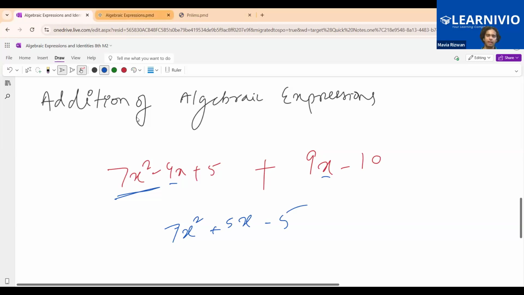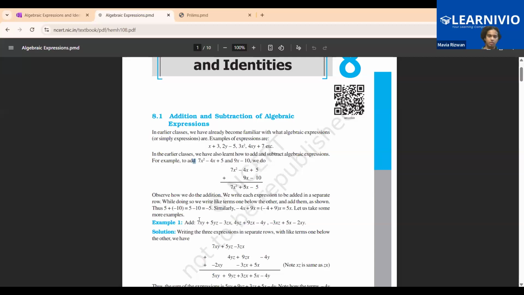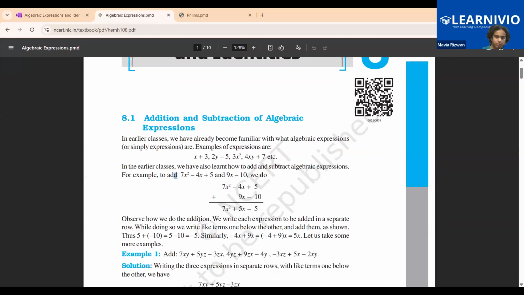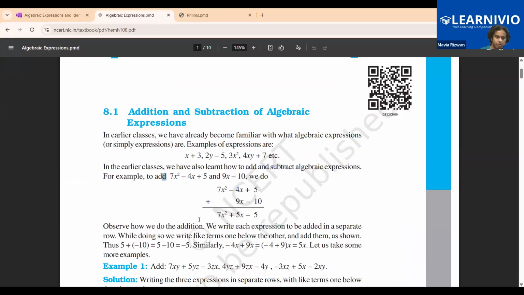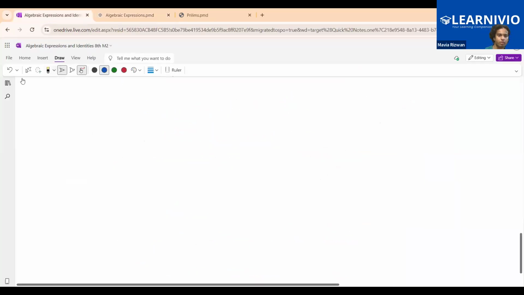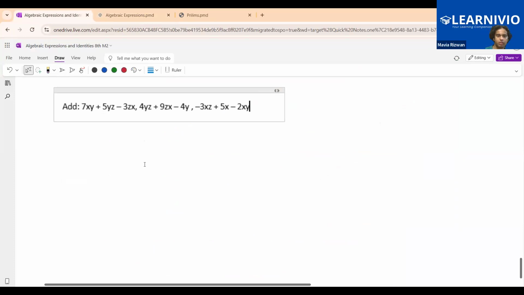Now, what they are saying is, okay, so try example one, guys. Okay, guys, try example one.